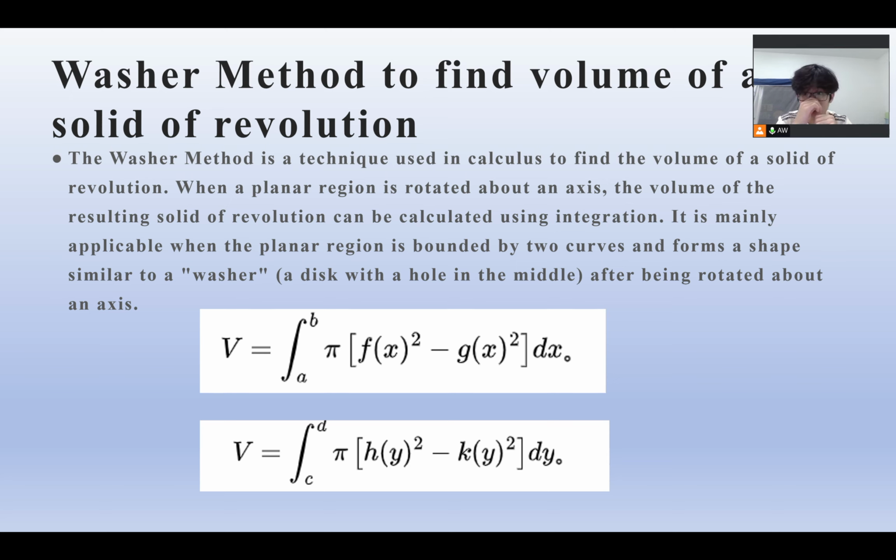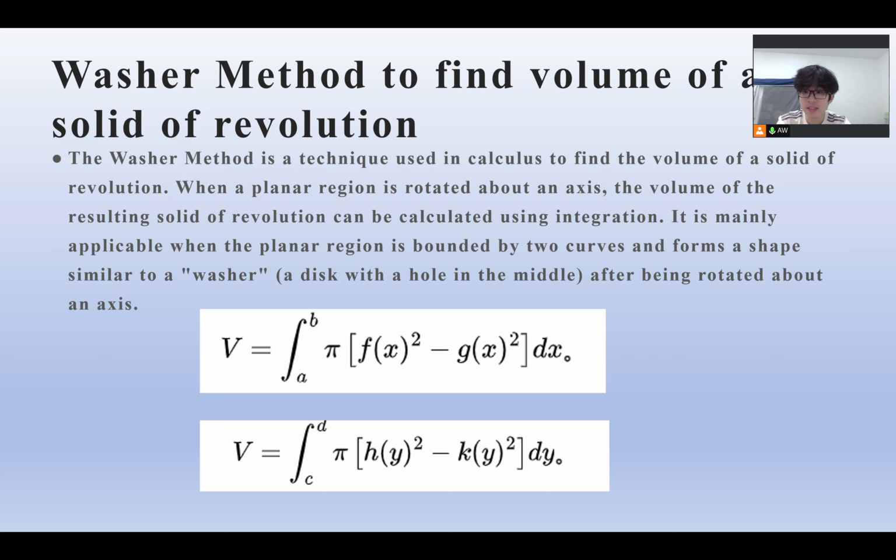So next, I would like to talk about the Washer method to find the volume of a solid of revolution. The Washer method is a technique used in calculus to find the volume of a solid of revolution. When a planar region is rotated about an axis, the volume of the resulting solid of revolution can be calculated using integration.